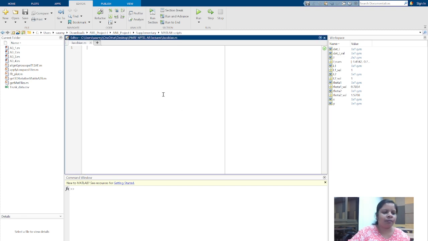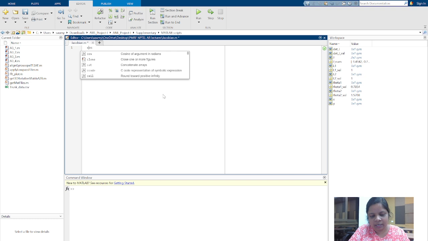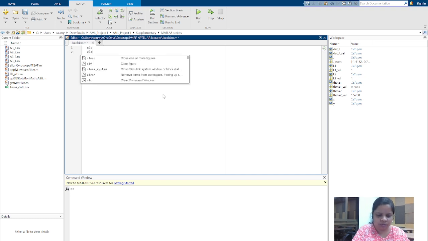Let's move on. So the first thing that we'll do is clear everything from the screen. That is really important. I think my MATLAB has crashed.